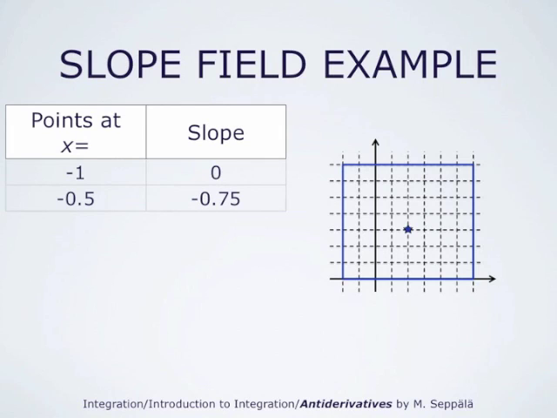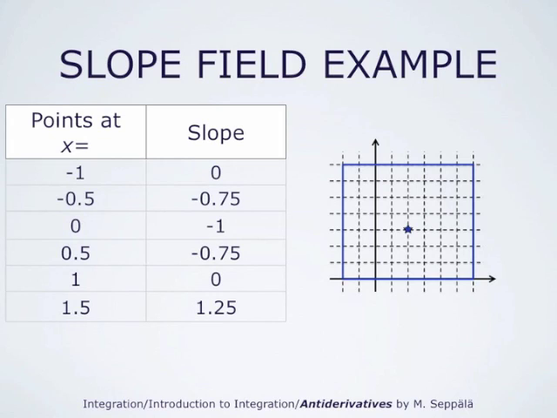If x equals -0.5, the slope is -0.75. If x equals 0, then x squared minus 1 is -1. Therefore the slope is -1. If x equals 0.5, the slope is -0.75. If x equals 1, the slope is 0. If x equals 1.5, the slope is 1.25, and so on.